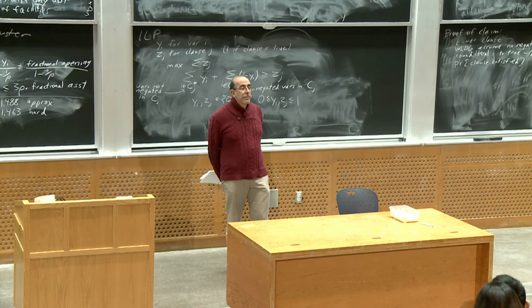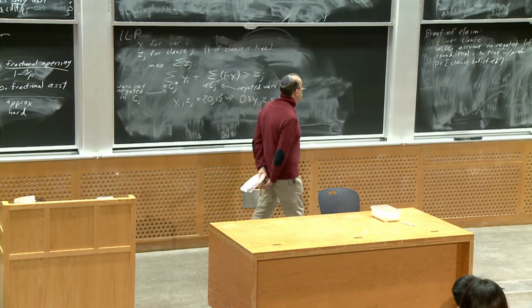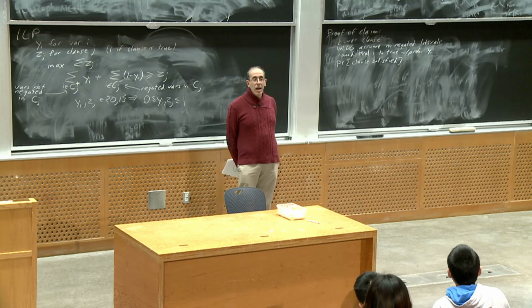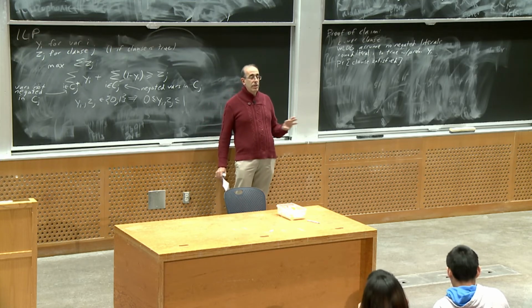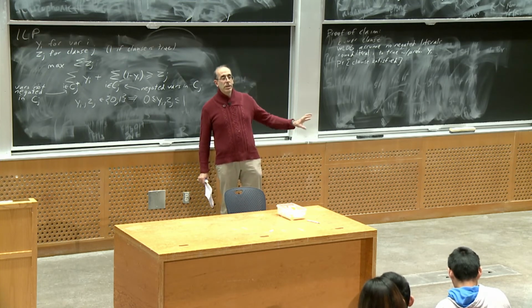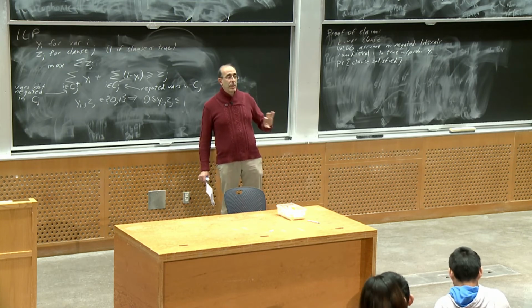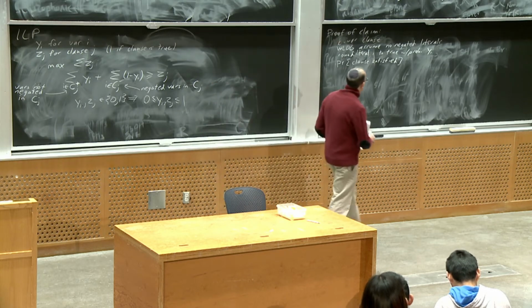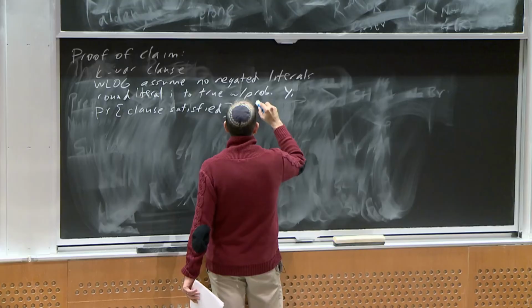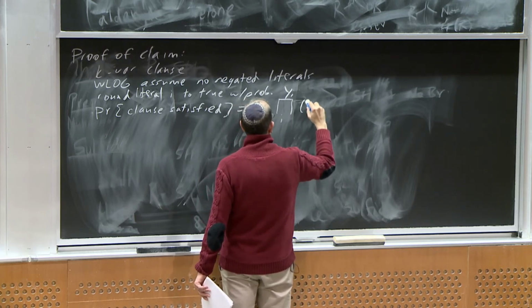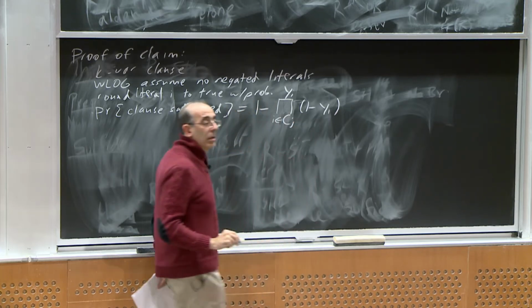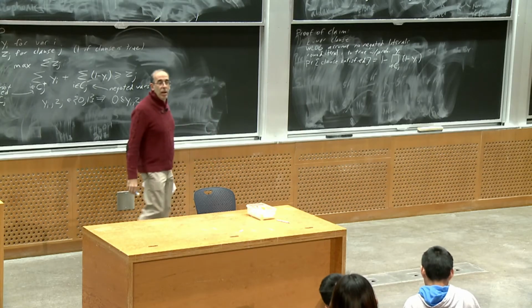Yeah? The product of 1 minus yi. Exactly. It's 1 minus something, because it's actually easier to talk about the probability that the clause is not satisfied, right? What has to happen for the clause not to be satisfied is that every single literal has to come out false, which happens with probability 1 minus yi. And those are all independent events, so the probability that they all happen is just the product. Right? Everybody happy with that formula?